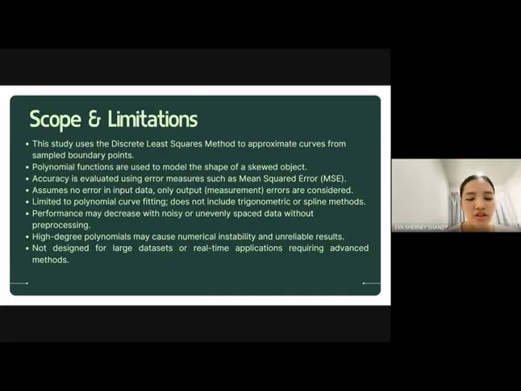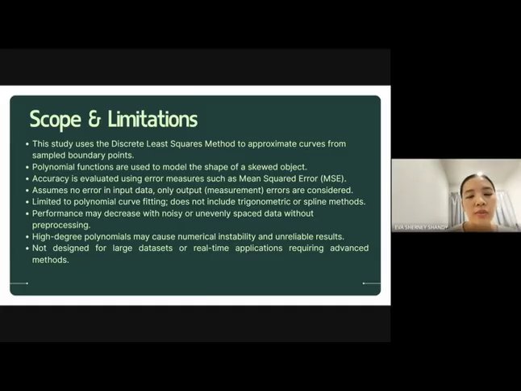Next, the following section discusses the scope and limitations of this research. This study used the discrete least square method to approximate curves from sampled boundary points. Polynomial functions are used to model the shape of a skewed object. Accuracy is evaluated using error measures such as mean squared error. It assumes no error in input data, only output errors are considered.